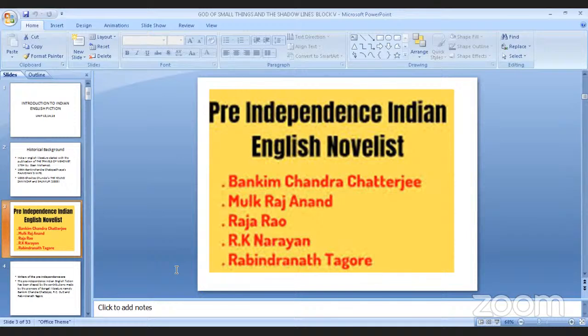A novel is a long narrative in prose with plot, subplot, characterization, theme, etc. Bankim Chandra Chatterjee's Rajmohan's Wife is the first Indian novel in English. It is noticeable that when modernism was the trend in world literature, India produced its first novel in English. Then Anandamath was the second novel. It had Vande Mataram, the Indian patriotic song.